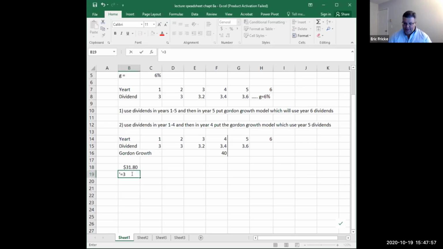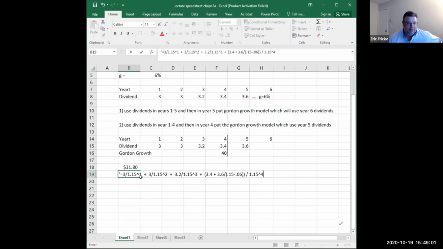It would be $3 divided by 1.15 to the 1, plus $3 divided by 1.15 to the 2, plus 3.2 all divided by 1.15 to the 3, plus parenthesis here, the year 4 dividend plus the year 5 dividend, that divided by R minus G, and then all that divided by 1.15 to the 4.